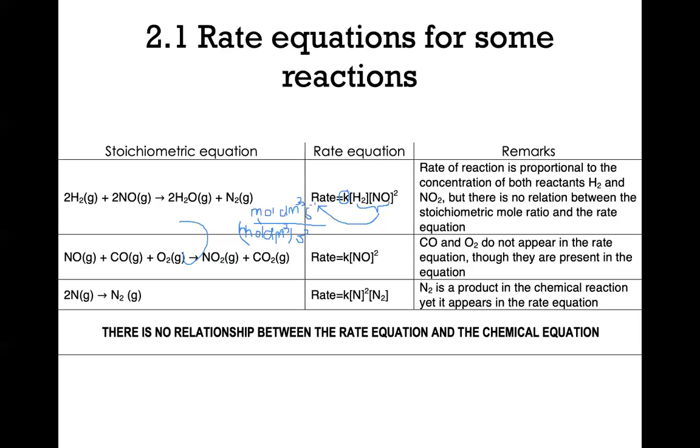Now you can see how difficult it is for me to write things down. I hope you can work it out yourself. If you cancel the mol per dm cubed and the mol per dm cubed and bring that term up, you should get mol minus 2 dm minus 6.